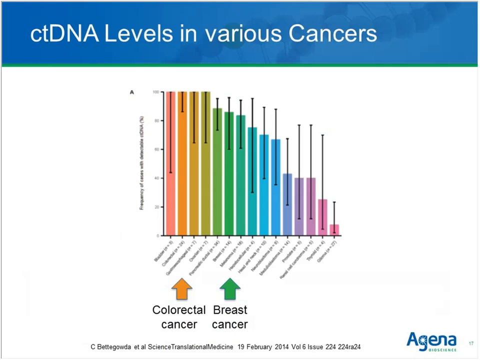So there's a number of solid tumors where for a very high number of patients ctDNA can be detected, whereas towards the right-hand side of this graph, there are a few tumors where ctDNA was shown to have low abundance, for instance glioma or thyroid cancer.